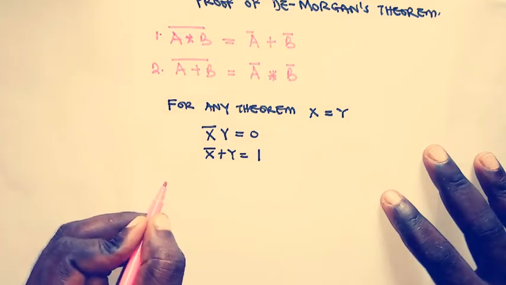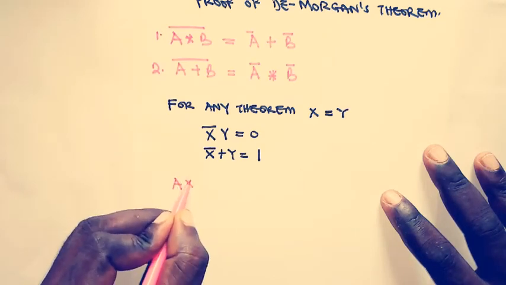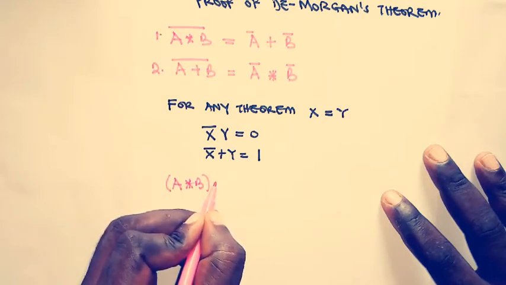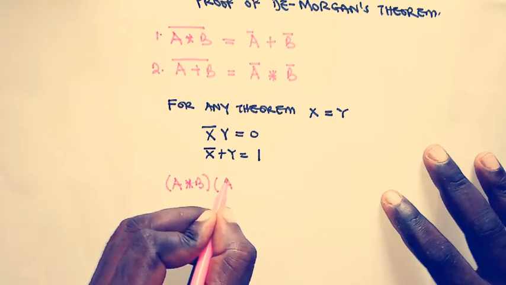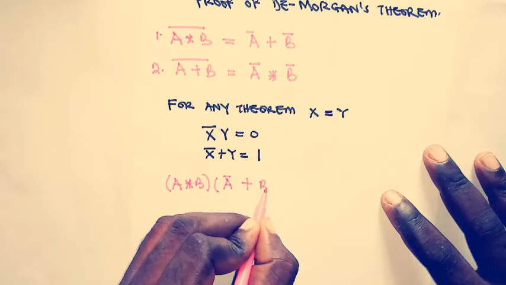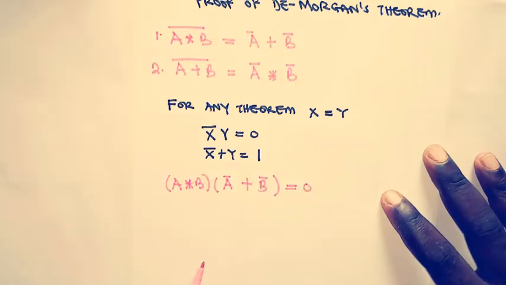So for example, we say A multiplied by B, multiplied by (A' + B'), should be equal to 0.